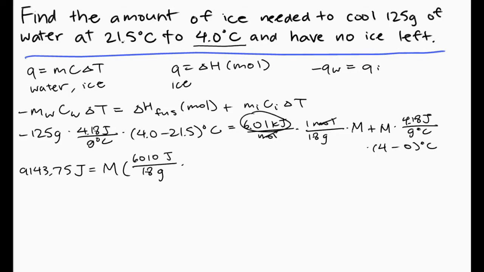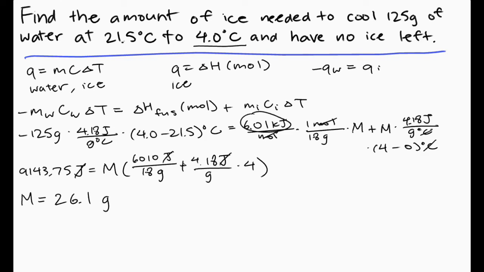And the other part here, the Celsius degrees cancel out, and this is a plus, sorry. We have 4.18 joules over grams times 4. And now all of these joules can cancel out. And we can just do this in a calculator, but at the end, you get that the mass is 26.1 grams. So that's the end.